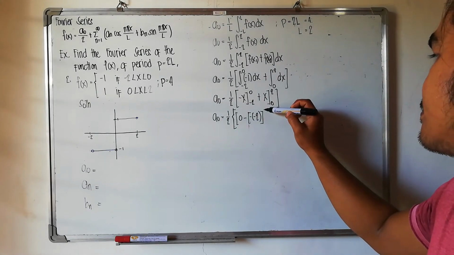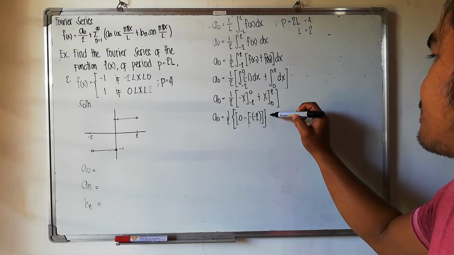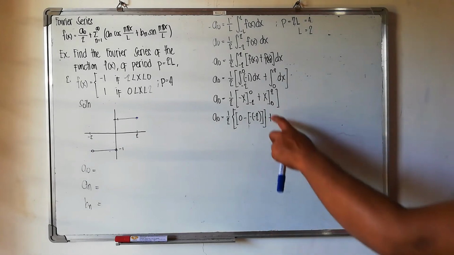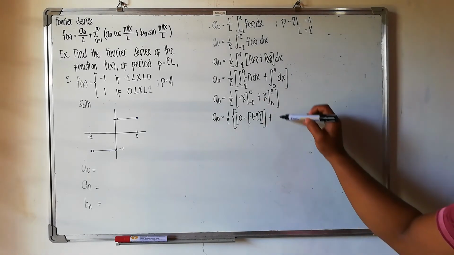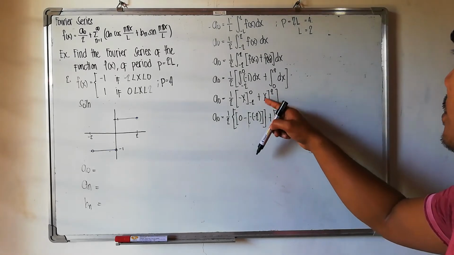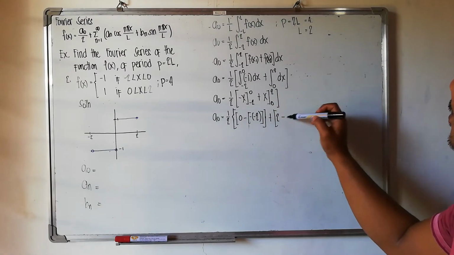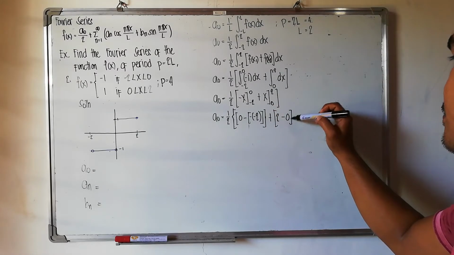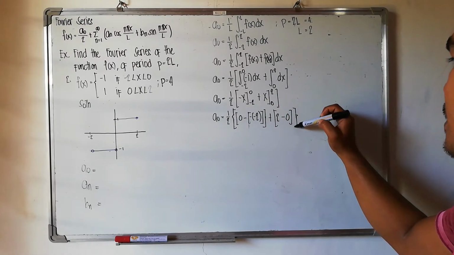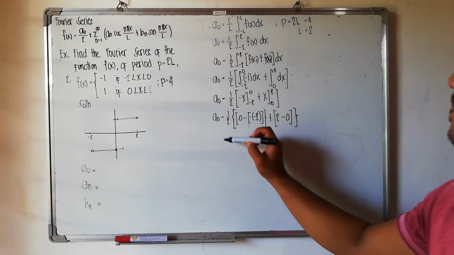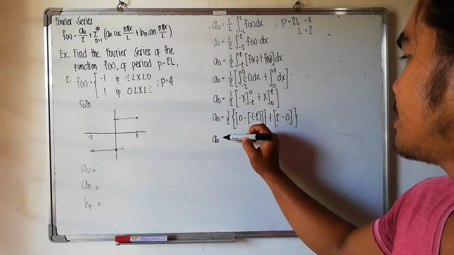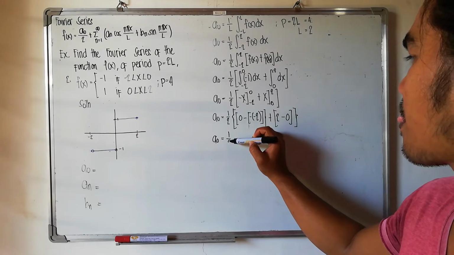Plus, we have now the second function. So upper minus lower, so that will be 2 minus the lower limit 0. Then simplify the equation. You have a sub o is equal to 1/2.